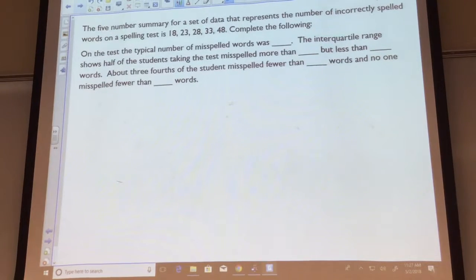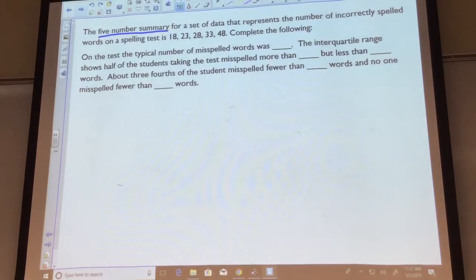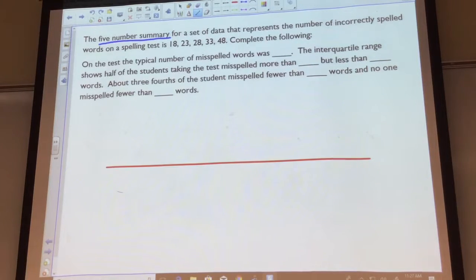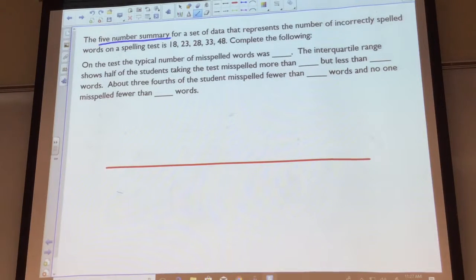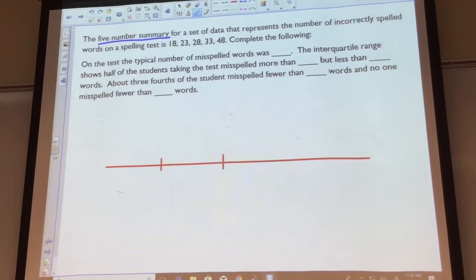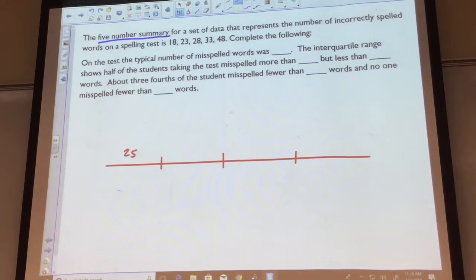The fact that it's a 5-number summary tells us that we've taken the entire data set and we've broken it up into 4 groups. And each of those groups contains 25% of the people.